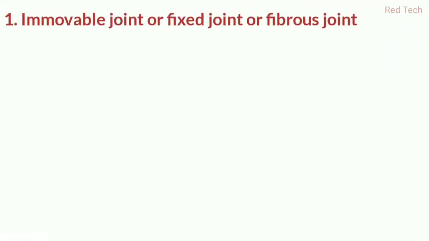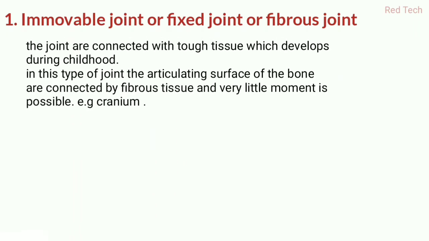The first one is the immovable joint. The name suggests that these joints do not allow movement, so it is also called the fixed joint, or fibrous joint. We have to remember these things also. In this joint, the bones are connected with tough tissue which develops during childhood.